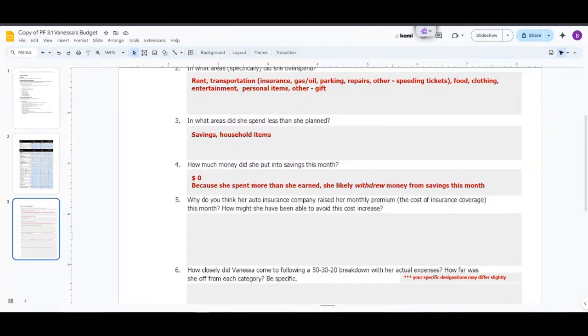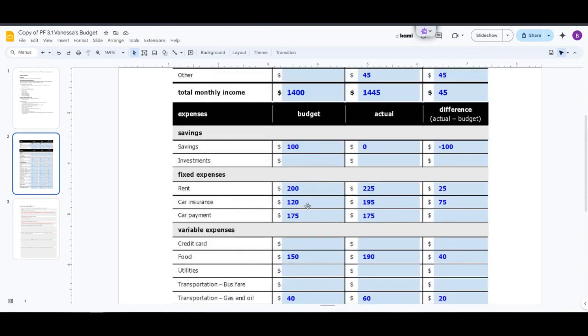Number five, why do you think the auto insurance company raised her premium? Right. So if we go back here, we see that auto insurance, she expected to pay 120 and it went up to 195. Generally, your insurance stays the same every month unless you do something that can trigger an increase in the cost. In this case, right, what does insurance do?